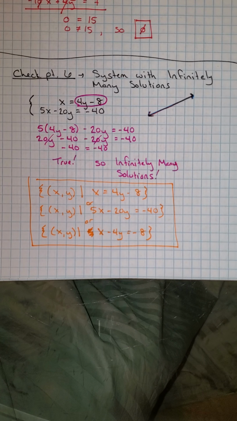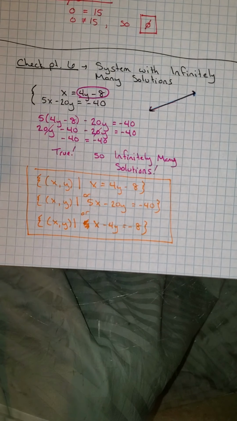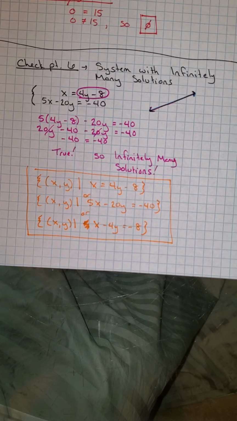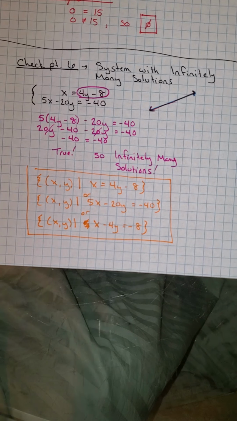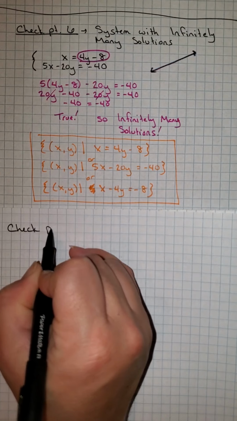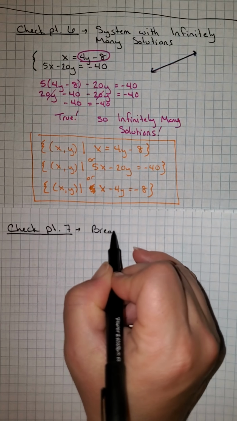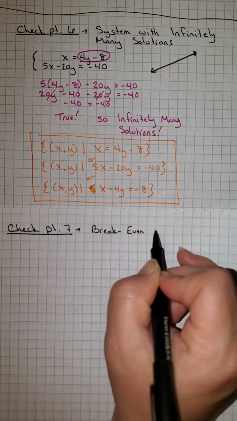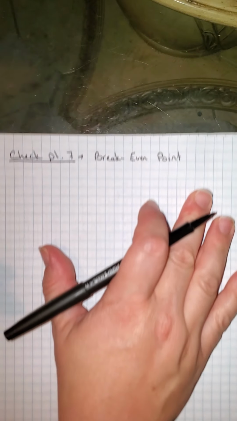One more thing that we're going to do in this, and that's the break-even point. And that's checkpoint 7. Alright, so our break-even point.